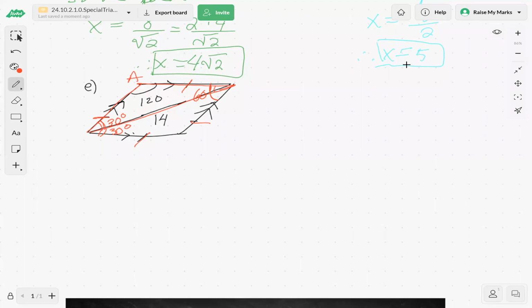Okay, so now that we have that, let's call our side length x. Let's see if we can figure out what x is. We have our diagonal. It's 14. I think we can use the cosine law. Right. So our cosine law, let's label some sides.